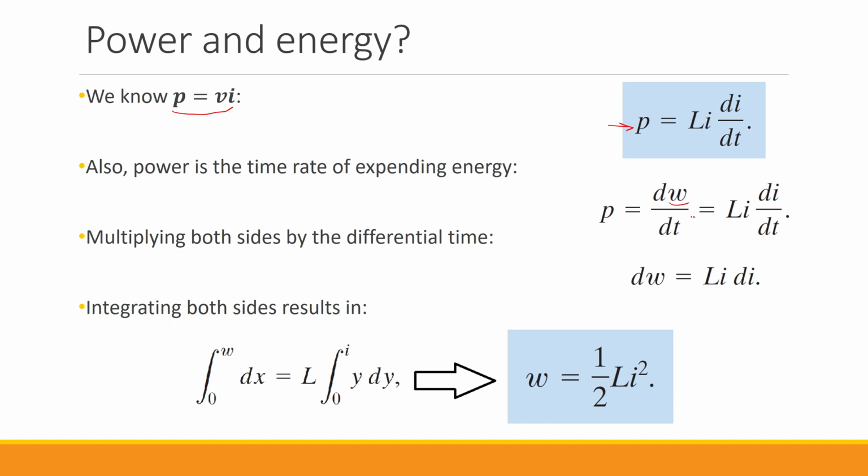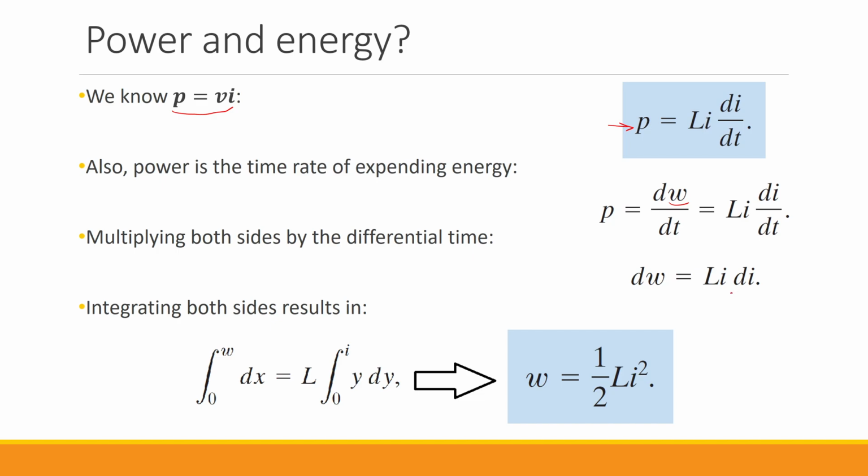And now we know that this equals L i di over dt. What we can do is that we can again multiply both sides by the differential time. So that makes this dt and this dt to be eliminated, which means that the differential energy is going to be L i multiplied by the differential current.